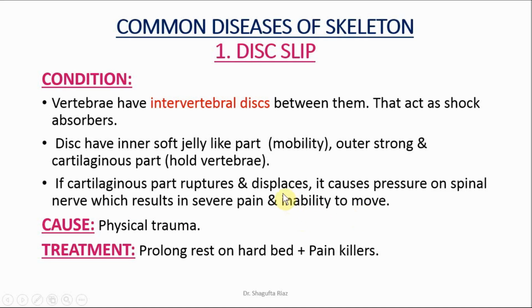When the disc is slipped, it will exert pressure on the nerve, and the affected area near the nerve will cause severe pain, and because of that pain we cannot move.